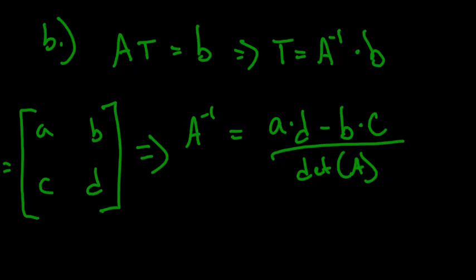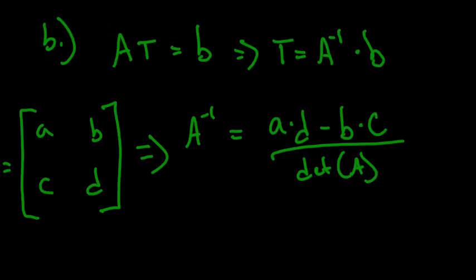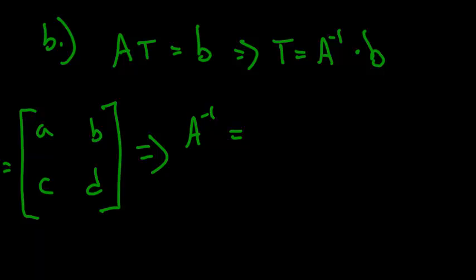So let's find the determinant of A. Determinant of A, I'm sorry, I actually solved for the determinant right here. What you do to find the inverse is you take the inverse matrix, and this will be over the determinant of A. So forget what I just said.